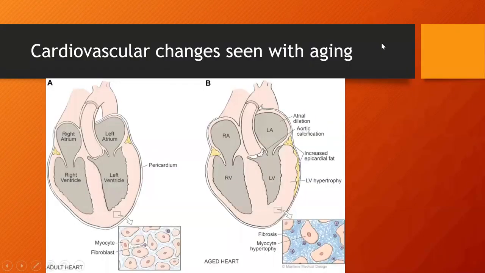And so on this slide, I wanted to point out the fibrosis and calcification of the cardiac skeleton that I talked about earlier. So this is the cardiac skeleton, which is the fibroskeletal framework of the heart. And as we can see here on a histological representation at the bottom, there's this fibrosis, this fibrous collagen deposition.